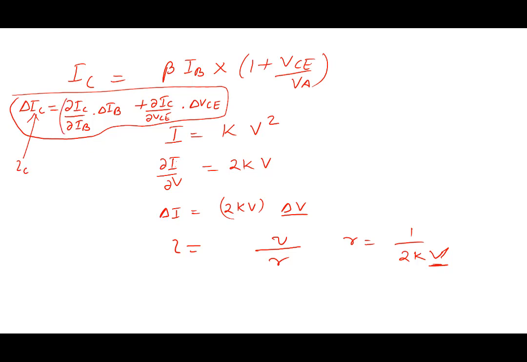This delta IC by delta IB we write as small ib, and this delta IC by delta VCE we keep as it is, and this we write as vce. Do you agree?